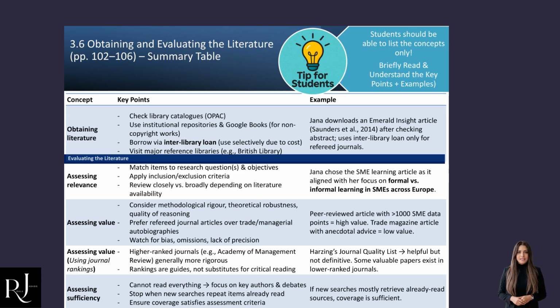Use journal rankings like Harzing's list as a guide for quality, but remember, they are not substitutes for your own critical reading. Finally, assess sufficiency. You cannot read everything. Focus on key authors and stop when new searches begin to repeat items you have already read. This indicates you have achieved sufficient coverage of the topic's main debates.